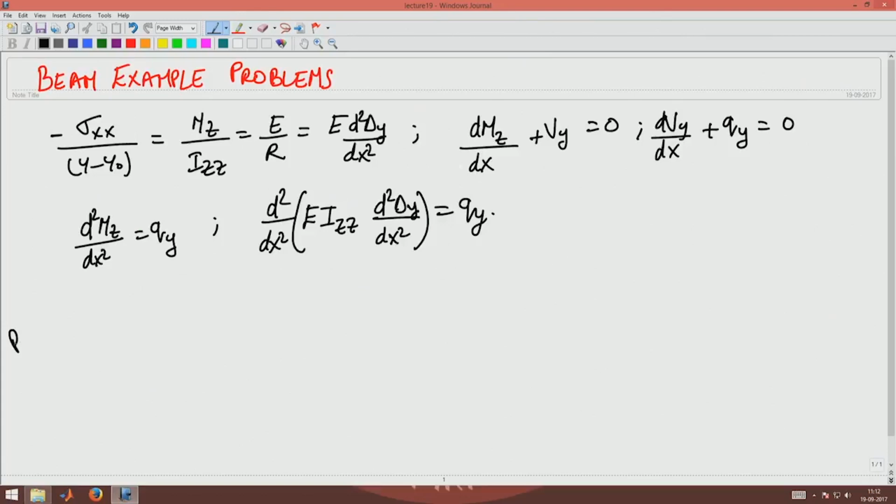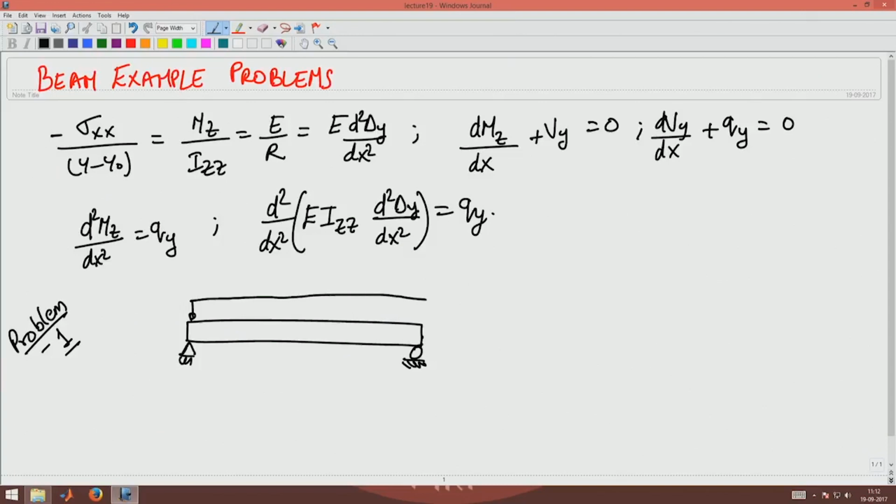The first problem that I am going to look at is a simply supported beam, subjected to a uniformly distributed load W, which this same problem can be represented in one dimensional form as the following.